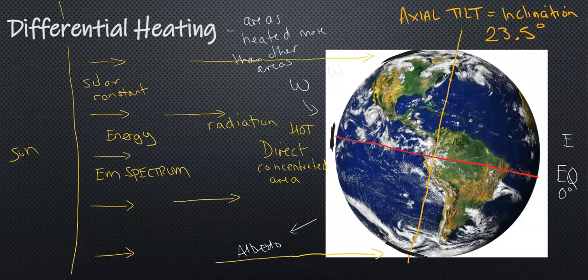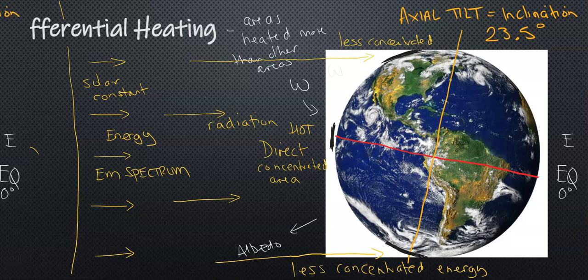That means that there will be less concentrated energy because it's spread out over this larger surface area compared to the equator. And the same thing up here, so it's less concentrated, and therefore it becomes colder because it's less thermal energy because it's being spread out, therefore it's colder. That's why generally the north and south poles are of a lower temperature than the equator.